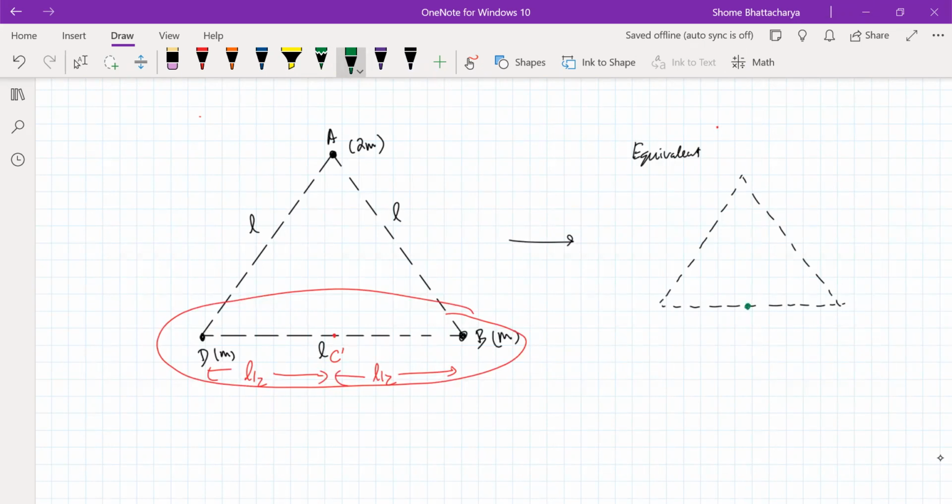I can replace B and D with a 2m particle located here. So this is B plus D. And I can leave A the way it is, which is a 2m particle here. So now where is the system center of mass? The system center of mass is at the midpoint of this. So this distance should be equal to this distance, which is half of the altitude.